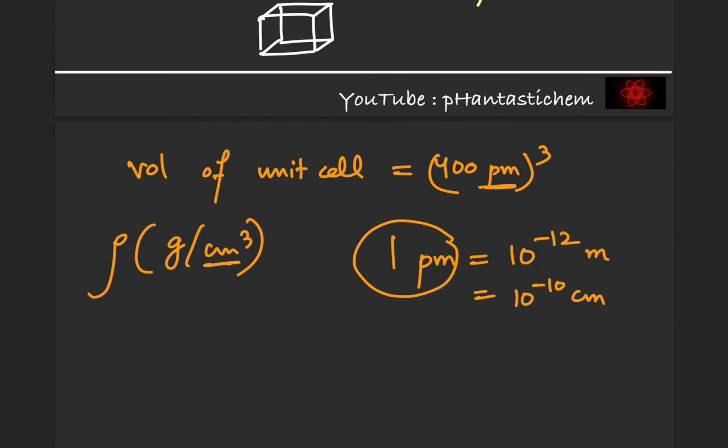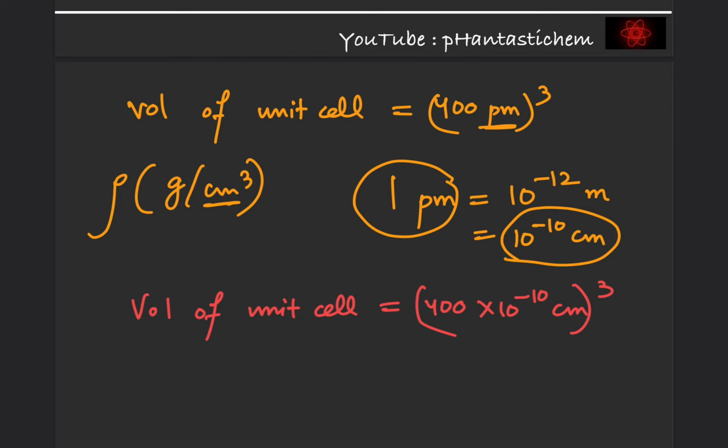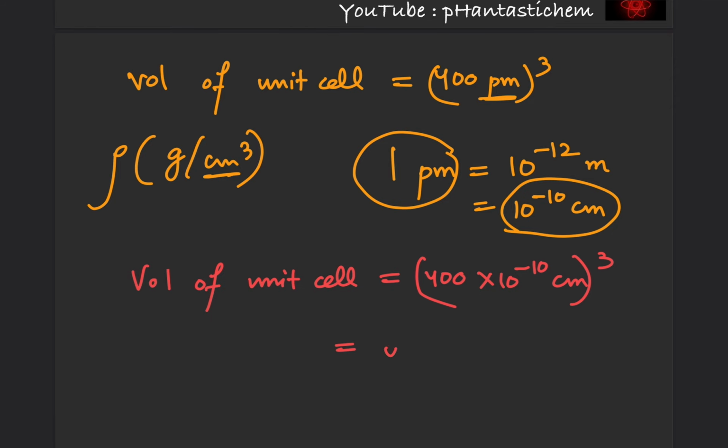This is the relation between picometer and centimeter. So the volume of the unit cell will be equal to 400 into 10 to the power minus 10 centimeter whole cube, or upon expanding it will be 400 cube into 10 to the power minus 30 centimeter cube. So we have calculated the volume of the unit cell.